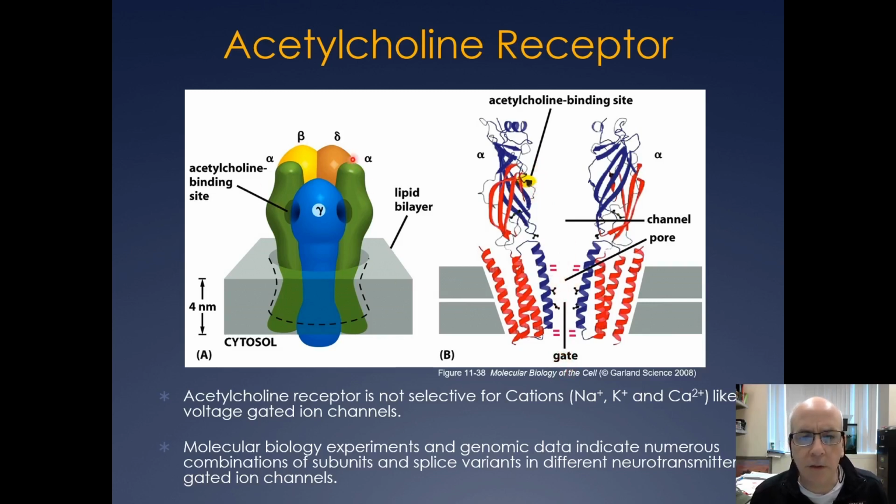It turns out this is a pretty complex molecule because there are many different spliced isoforms and many different subunits, and these can all be mixed and matched depending on the cell and the cell type, so it'll have a different response. And one of the things with the acetylcholine receptor is that it's not selective for cations like the voltage-gated ion channels we saw earlier. So if they just open, things can freely flow in and out.